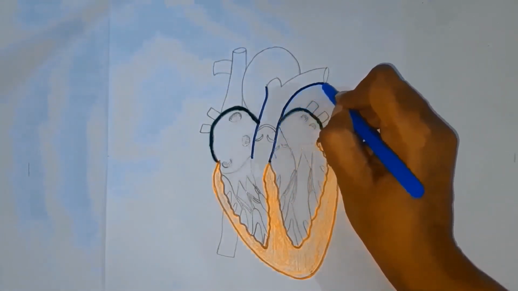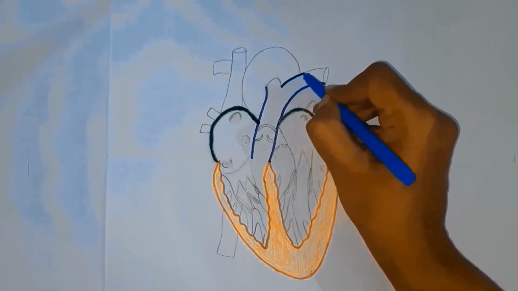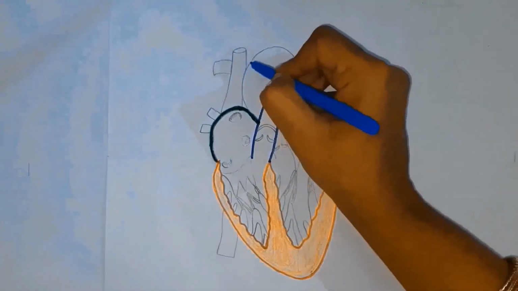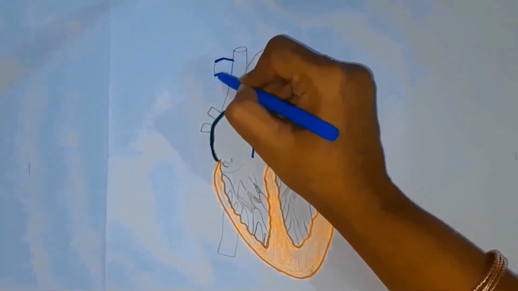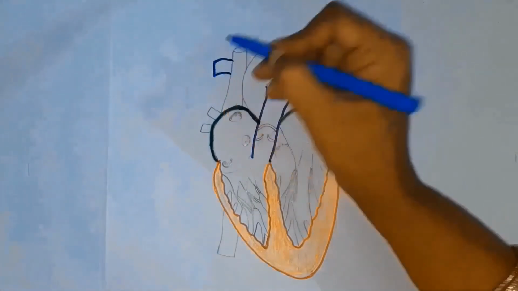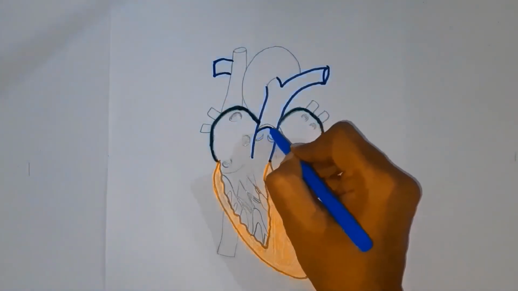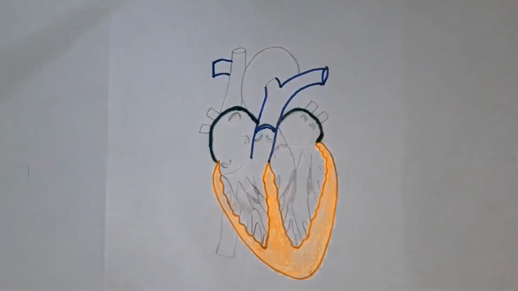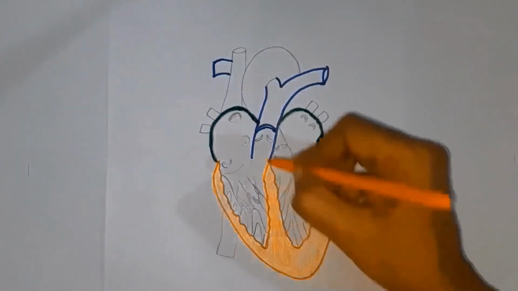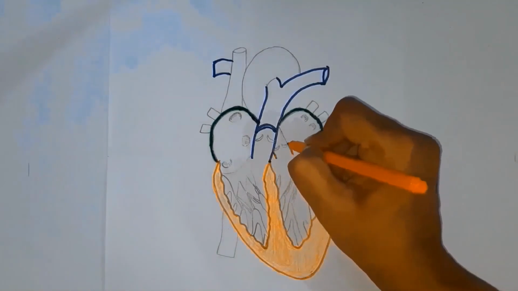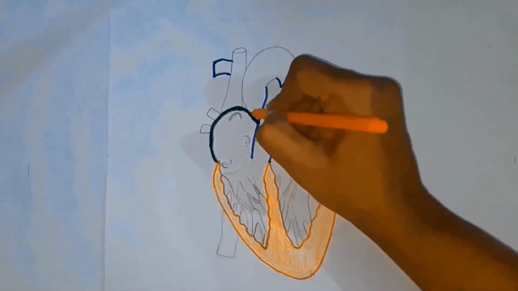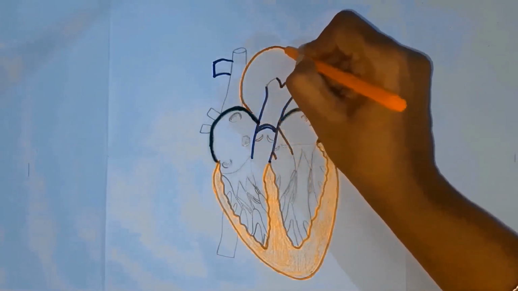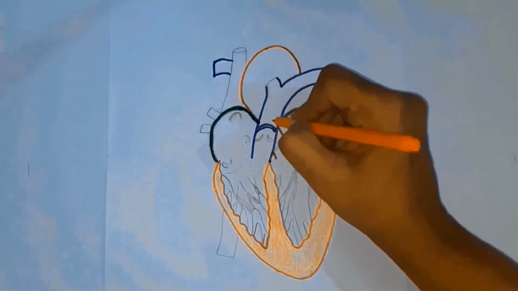As it carries deoxygenated blood, we are using blue color. This is systemic arch. It carries oxygenated blood. That's why using red color.